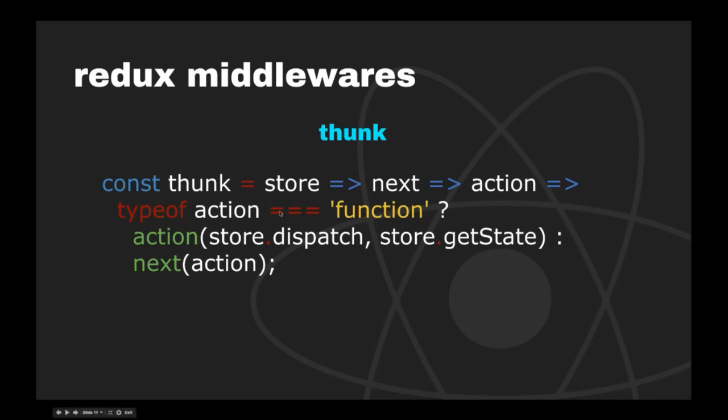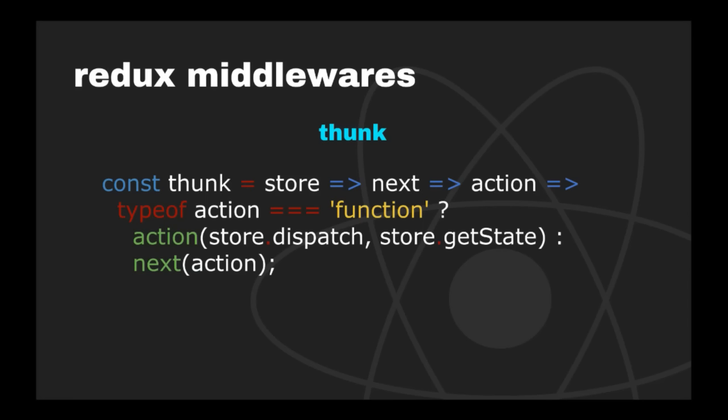And then it's just going to check if the action type is function. Remember that the action creators were always returning plain old JavaScript objects. So if it's not returning an object, but it's returning a function, then it's going to get into this thunk.